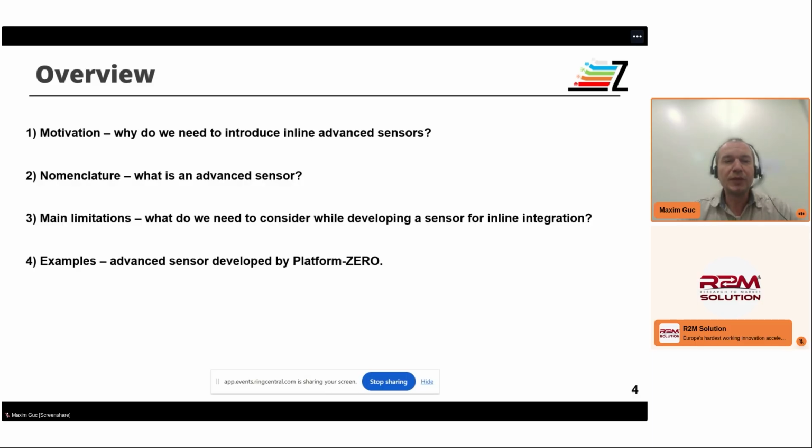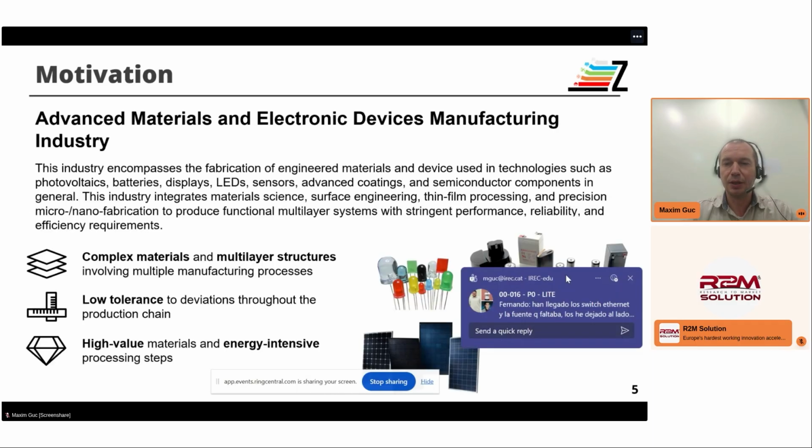And I will tell you about the main limitations, or let's say main requirements, which appear when you start developing sensors for the inline integration in the industrial processes. And I will give you some examples of the sensors that we already have developed inside the Platform Zero project. So let's start with the motivation.